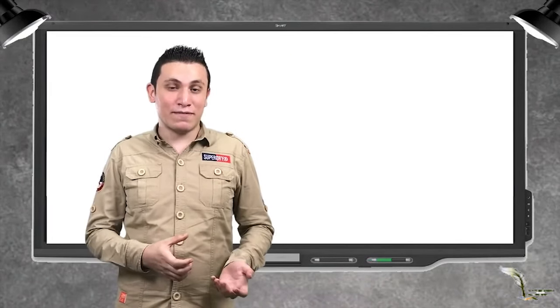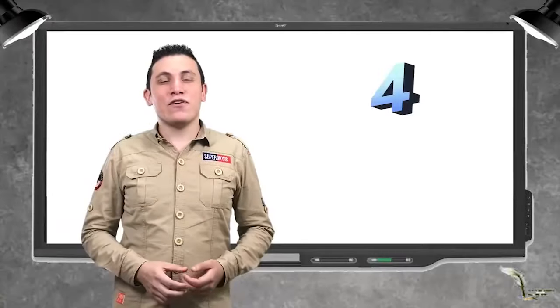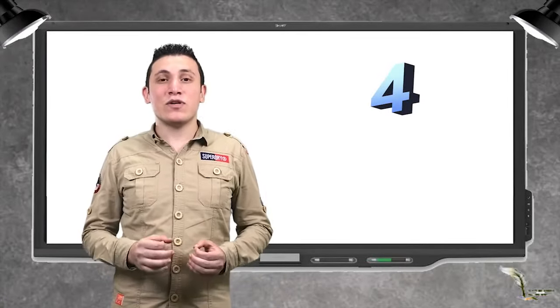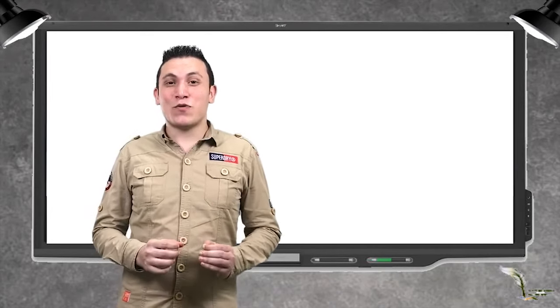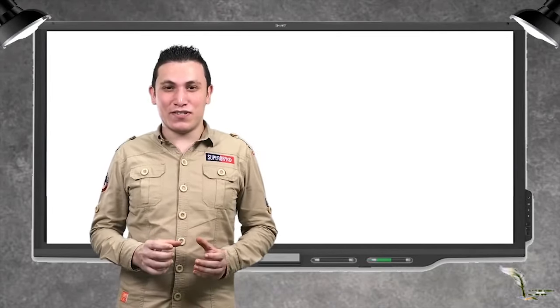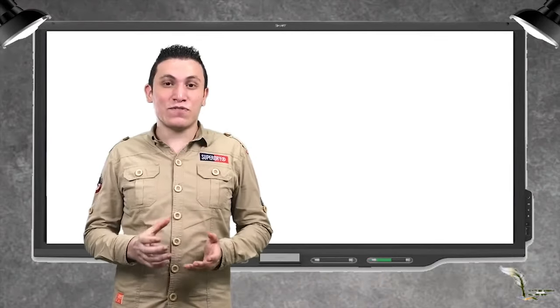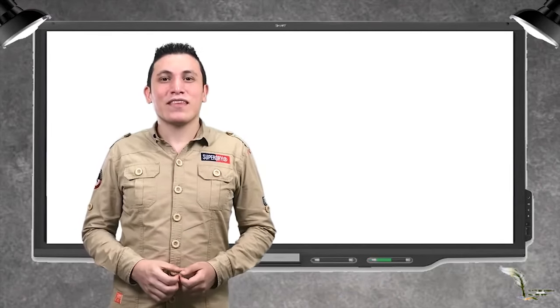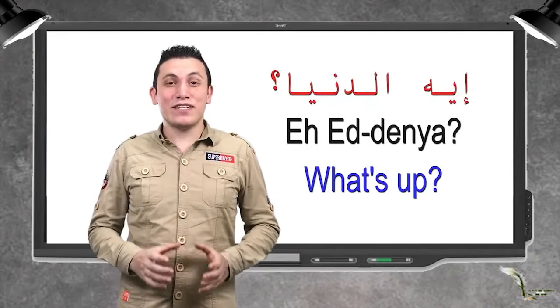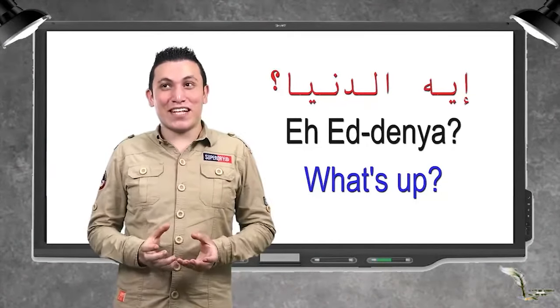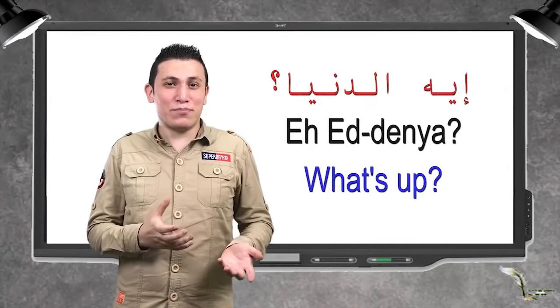How are you doing? The fourth question is pretty informal, so make sure you don't use it with strangers. Just use it with your close Egyptian friends, okay? إيه الدنيا literally means, what's the world? It's just our way to ask, what's up?